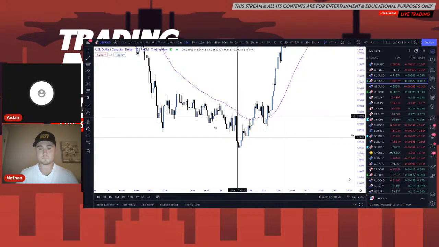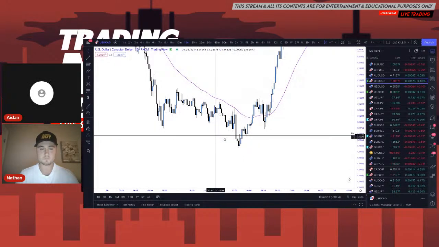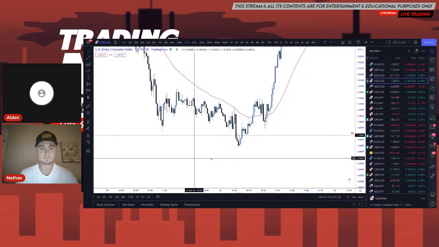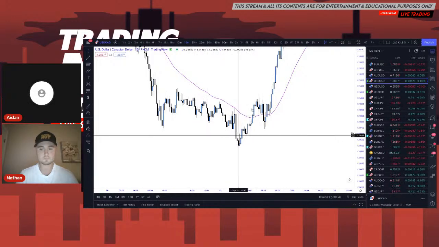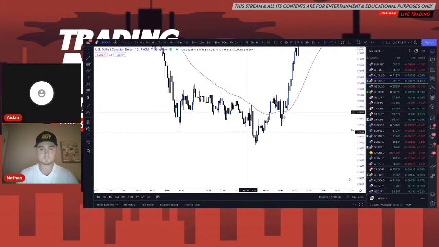My markup, my drawing below, was obviously perfect. I had a perfect range drawn out and a perfect sell to buy. Sometimes it's like that. It's too good to be true, but oftentimes it's not as pretty.